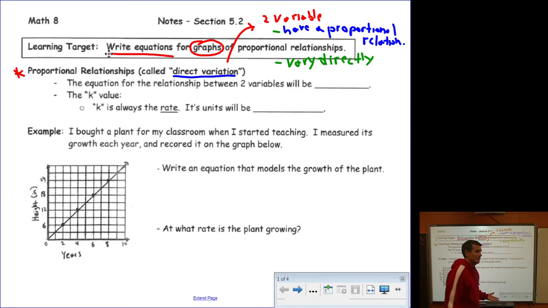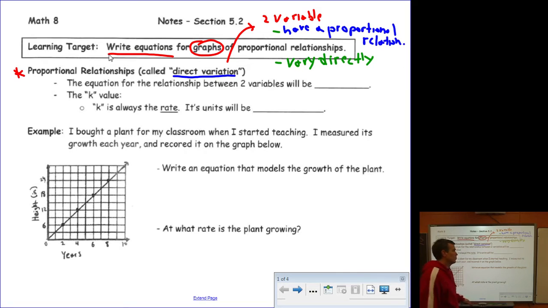I guess the point I want to make is that these two things mean the same thing. Having a proportional relationship and two variables that vary directly with each other, or called direct variation, mean the same thing.